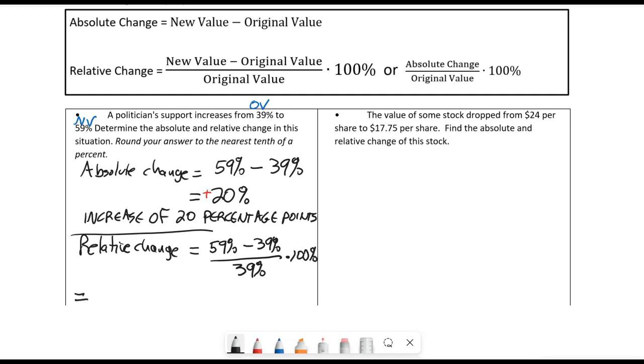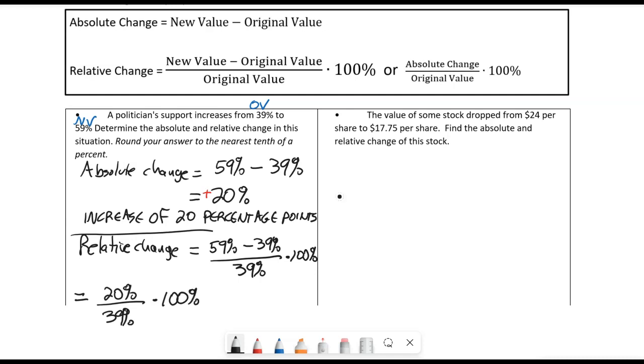Now let's see what happens. We can also choose to just do the absolute change over the original value because we've already worked that out. So you don't have to rework the numerator if you've already done the absolute change. So we're at 20% divided by 39%, then times 100%.